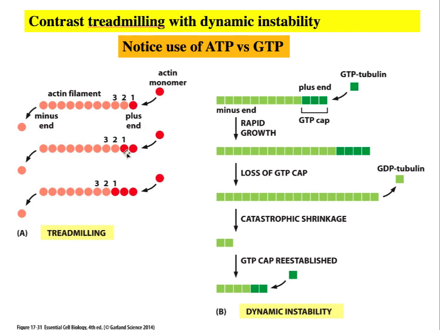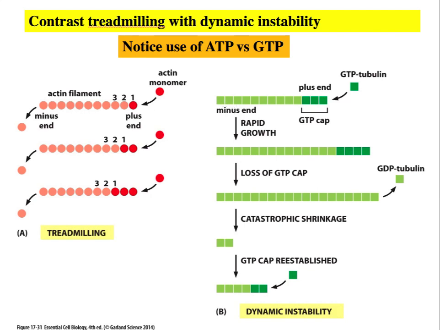But a fraction of a second later, it is now moved to this position, and then to this position, as new subunits are added to the plus side. At the same time, subunits are being removed from the minus side. So this is like a treadmill where the platform is moving, but the treadmill doesn't change dimensions. So this is what actin filaments do.